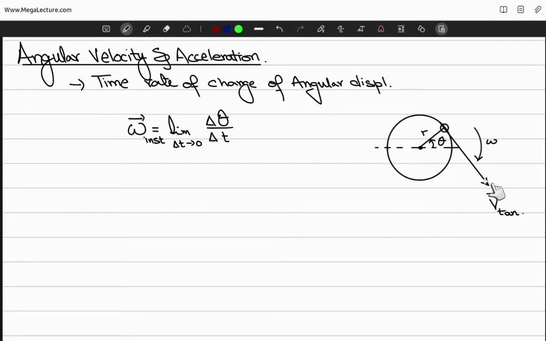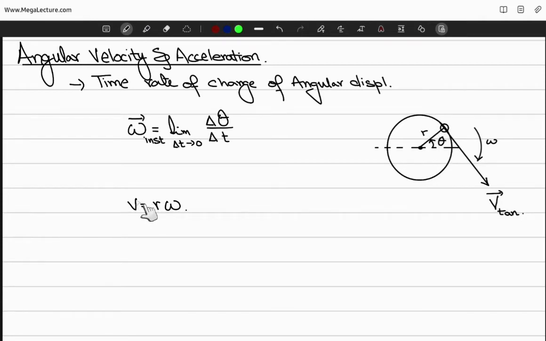And so that's why this velocity is known as the tangential velocity, sometimes also referred to as linear velocity. And mathematically, the relationship between the linear velocity and the angular velocity is something like this, where the angular velocity will remain constant through this entire path that it's moving in this circle.